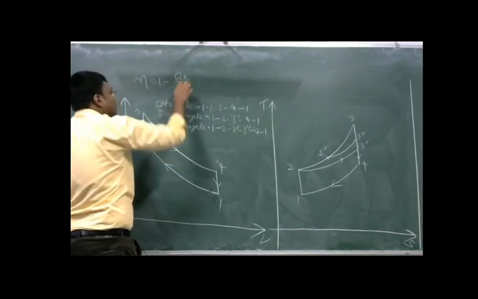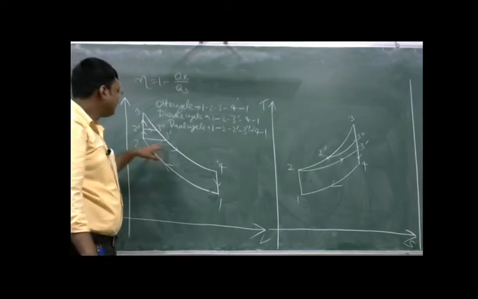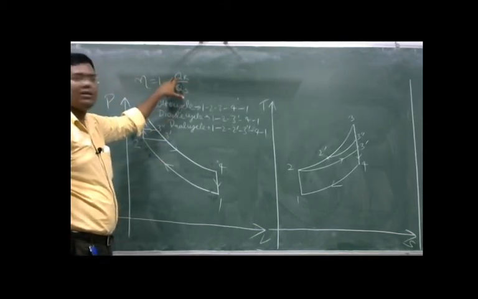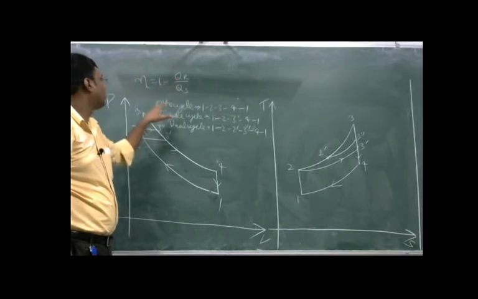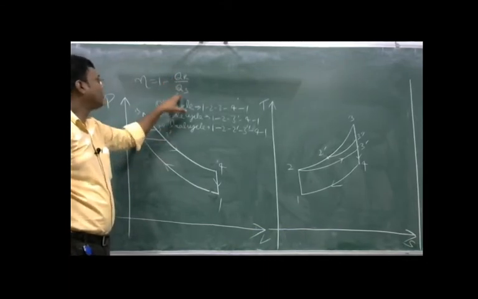QR is heat rejection, QS is heat supplied, heat addition. Here in this condition QR is the same for all the cycles. QR, the heat rejection, is the same for Otto cycle, diesel cycle and dual cycle, but QS is different.